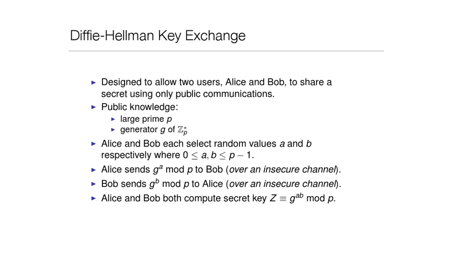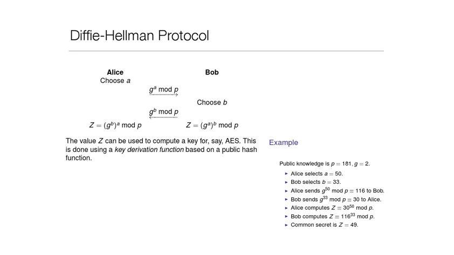So in the next slide, we have the diagram. You can understand it easily. Alice chooses A and computes G to the power A mod P and sends it to Bob.